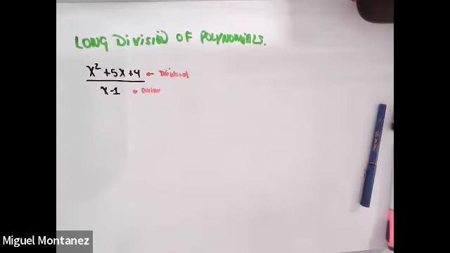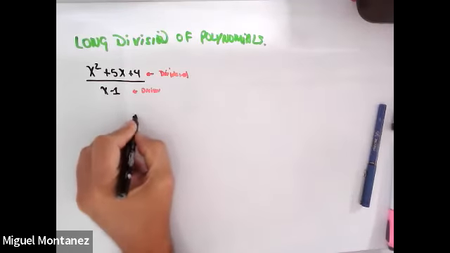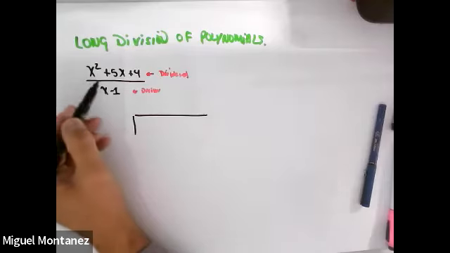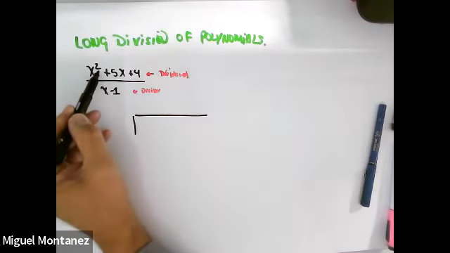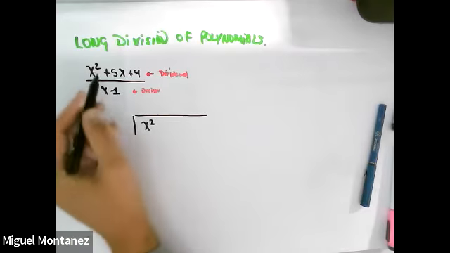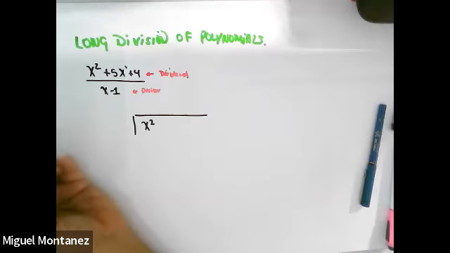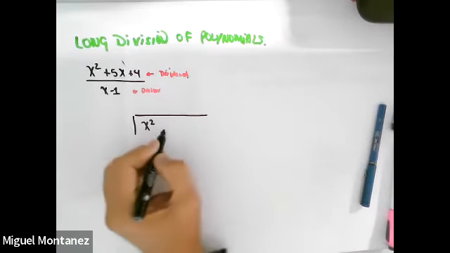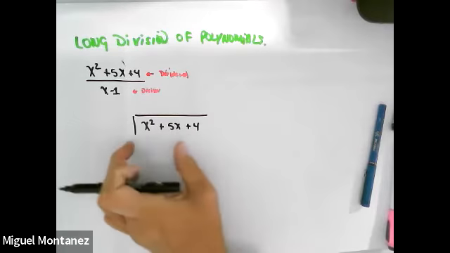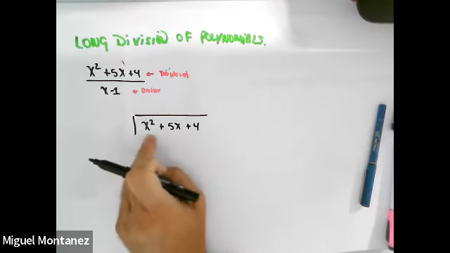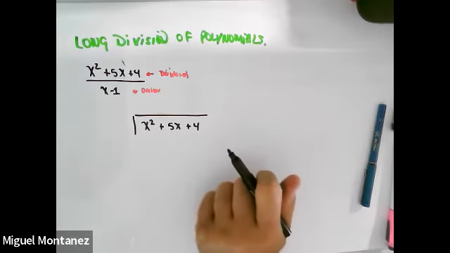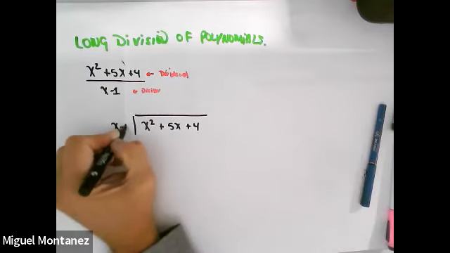When we start doing the division, we have to make sure that the dividend is complete and in descending order. We have the term of degree 2, then degree 1, 5x, plus the number by itself. So we have all the terms that we require: x to the 2, x to the 1, and the number. And we're going to divide it by x minus 1.